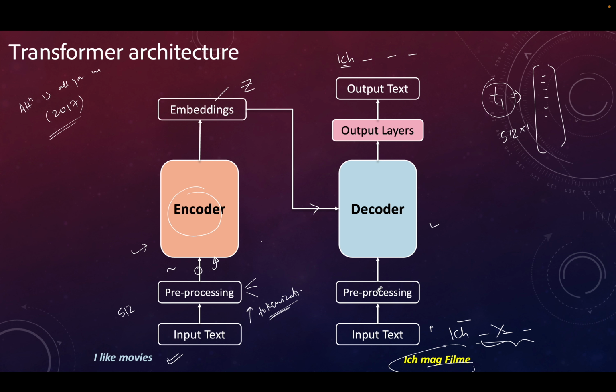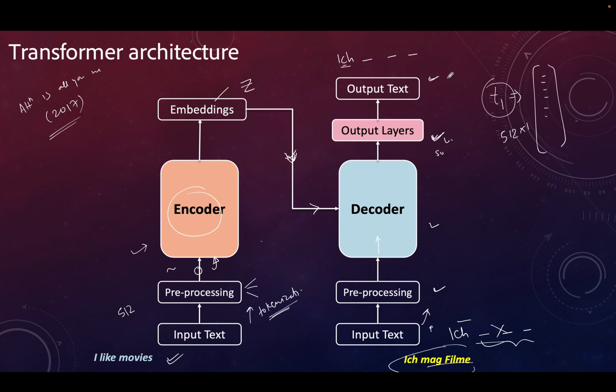Then similar processing happens on this input as well, and it's fed to the decoder along with the meaningful embedding of the original input text. There are some further output layers like softmax and linear layers specific to the task that we want to achieve, and then finally the output text is generated.